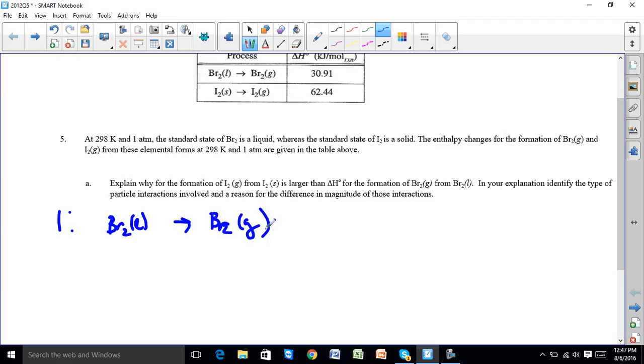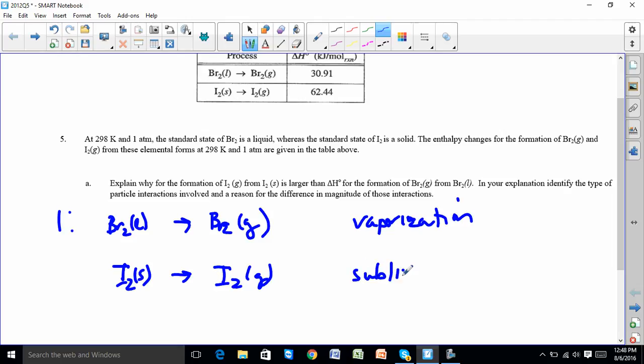If you look at this, this is a vaporization process. But I2 solid goes to I2 gas is a sublimation process.